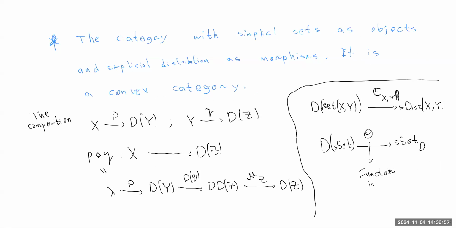Not any functor that preserves the structure, but inside convex categories, and this is also inside convex categories. Okay, this is good for the theory, but this is not applied so far.